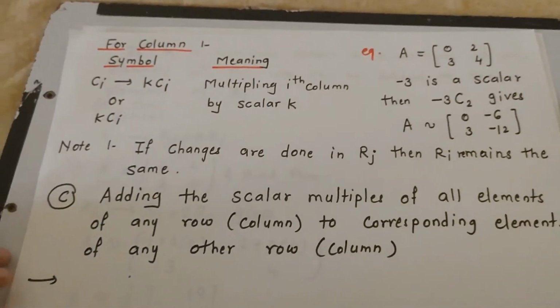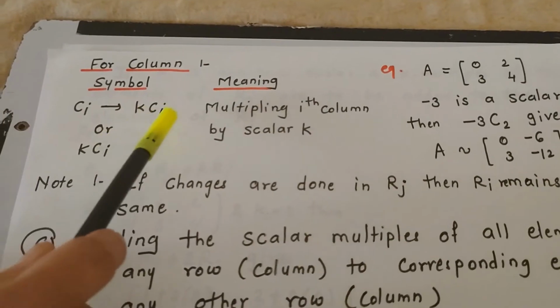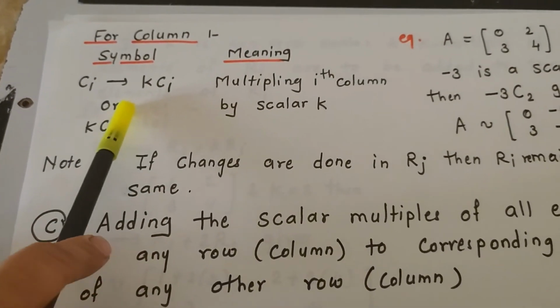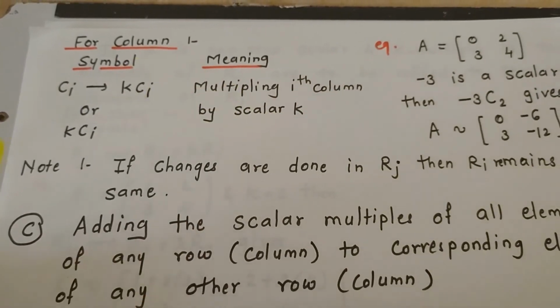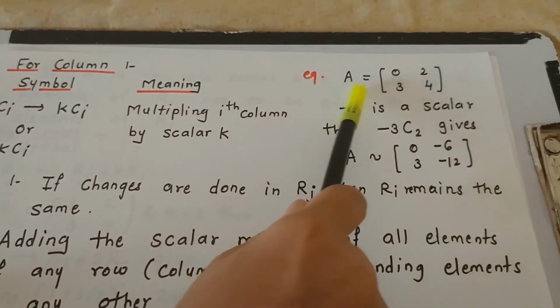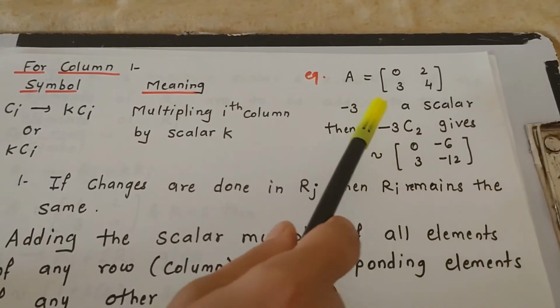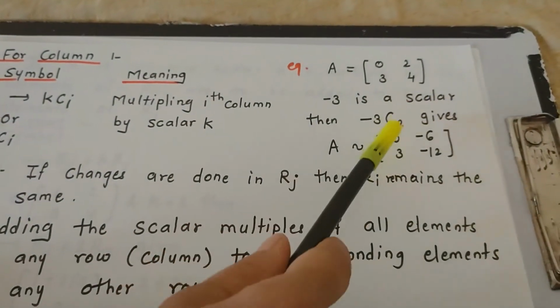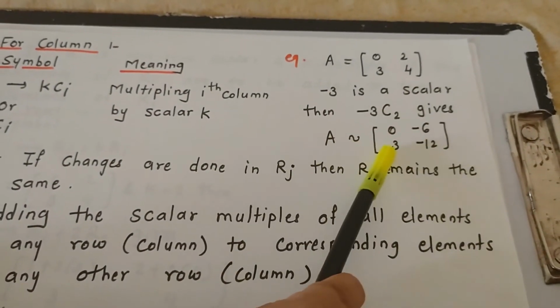Similarly, we can apply this transformation on columns, and it is symbolically denoted by Ci changes to k into Ci, that is, multiplying the ith column by scalar k. For example, A is a matrix and minus 3 is a scalar, and here we make changes in the second column. By multiplying by minus 3, it gives a new matrix.